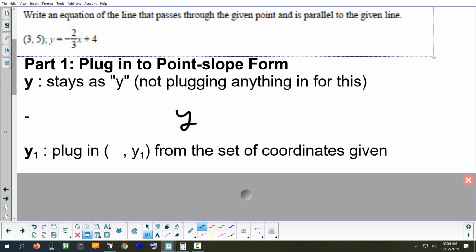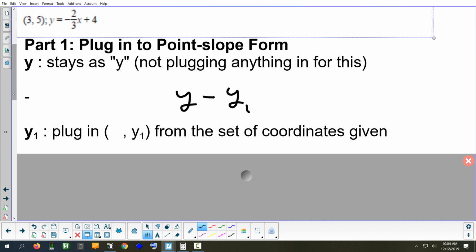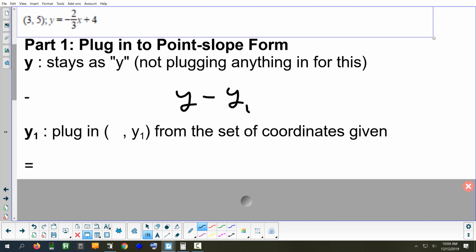Right, so now we got y minus y1. Someone remind me what comes after y1? Yep, equals. You don't do anything with that. Anyone remember what comes after the equals?